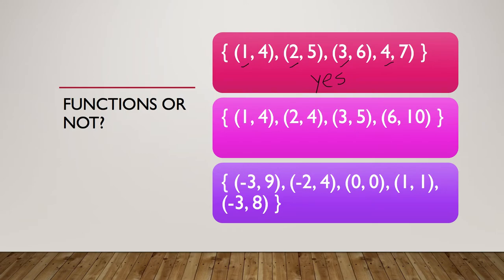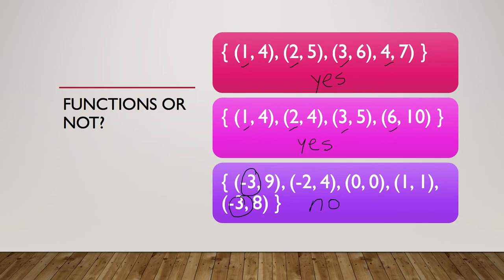If I look at the x values in my second example, 1, 2, 3, and 6, all different. So again, yes, this is going to be a function. If I look at my x values in the third example, however, notice that we have a -3 and we also have a -3 down here. So that duplication of an x value means that we do not have a function.